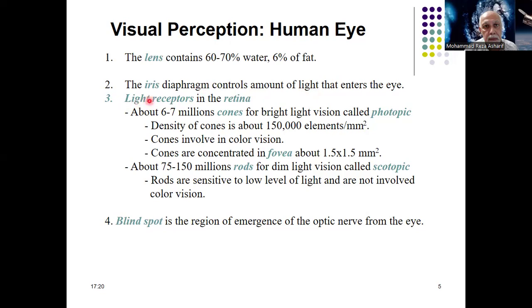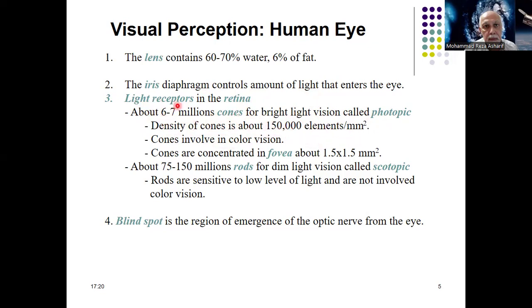Three, light receptors in the retina. In the retina, there are light receptors, I told you cones and rods. About 6 to 7 million cones for bright light vision, called photopic, and the density of the cones is 150,000 per square millimeter.